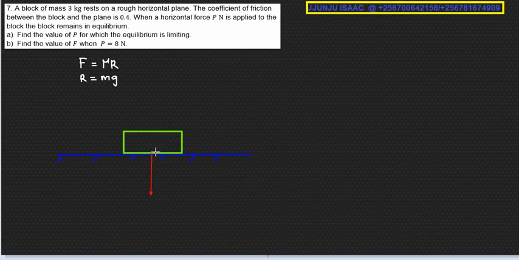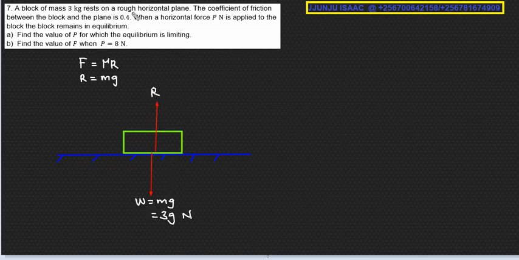Then this weight will be balanced by the normal reaction. The surface, this ground, will provide a normal reaction. So if the mass is 3 kg, it means the weight, which is equal to mg, is going to be 3g newtons. And now we have the normal reaction.